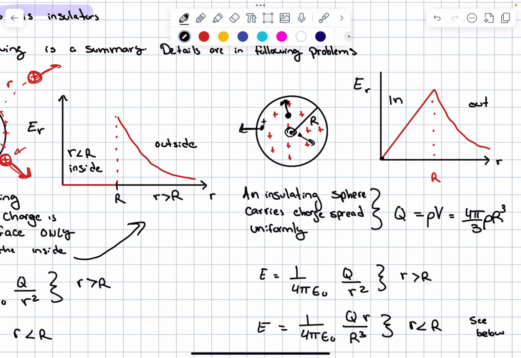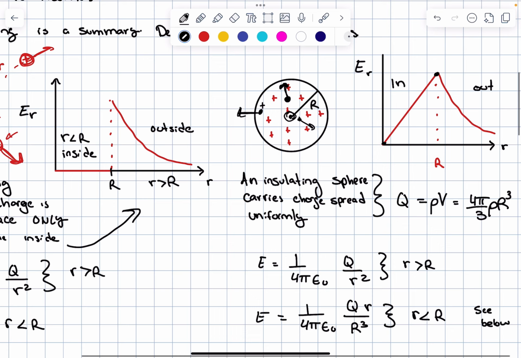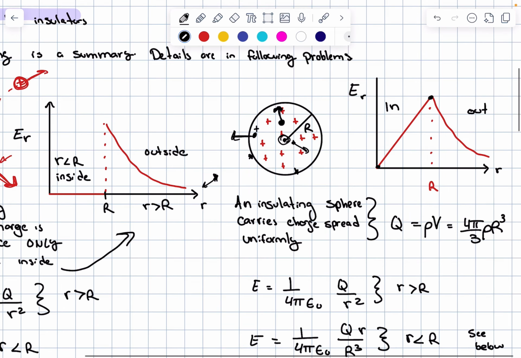Now this is true up until this point here, where little r is equal to R. That means this electric field increases up until the point where I reach the surface. Because then when I exit and I ask you what's the electric field down here, well, it's going to be less. The magnitude of the electric field is going to be lower than down here because I'm going further and further away from my insulating sphere. So there's going to be less electric field lines. And that, again, is going to decrease as such.